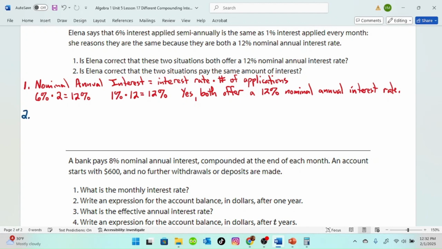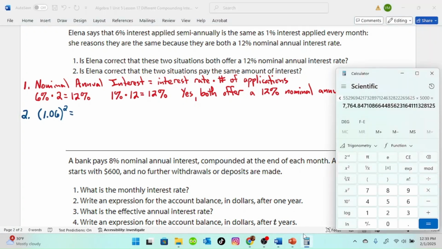Because if I have 6% 2 times per year, then my growth factor is going to be 1.06. The 1 maintains the current amount, and the 0.06 represents the 6% interest, and my exponent is going to be 2.